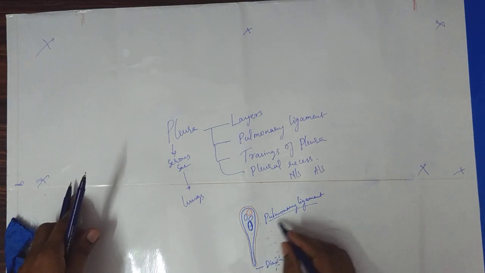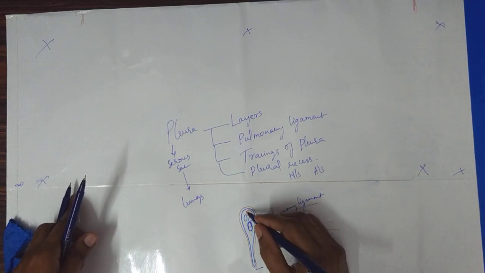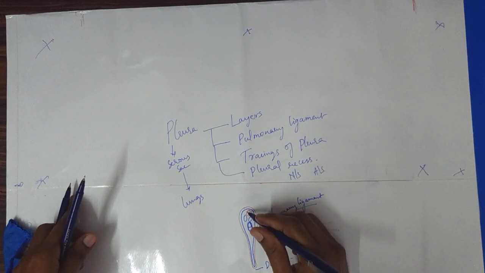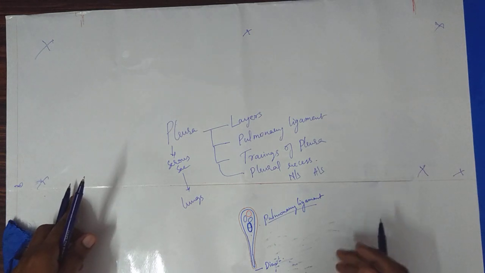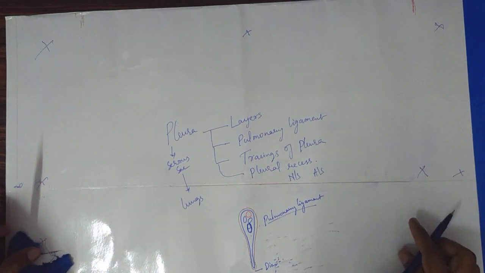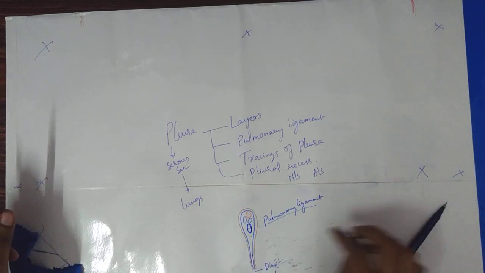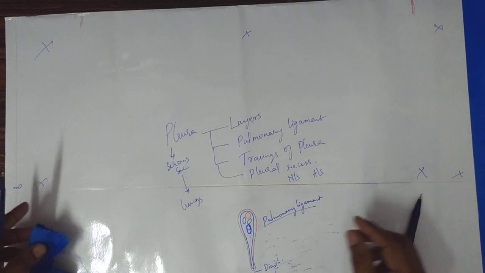This dead space is provided by the pulmonary ligament. Apart from that, it gives additional space for all these structures to move up and down during inspiration and expiration. So the pulmonary ligament is related with the root of the lung and extends down till your diaphragm.